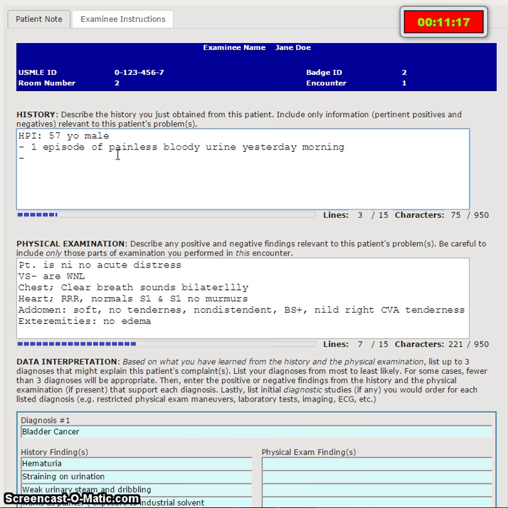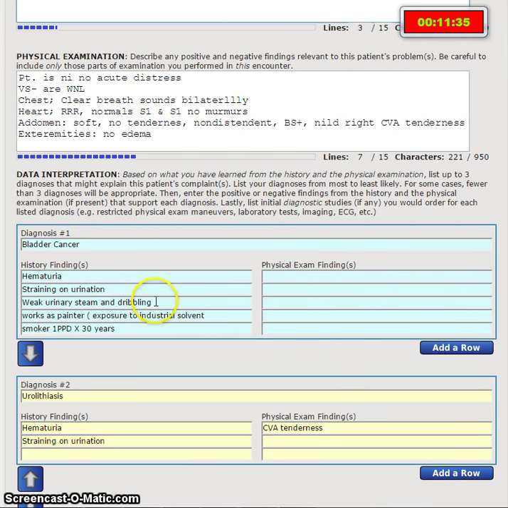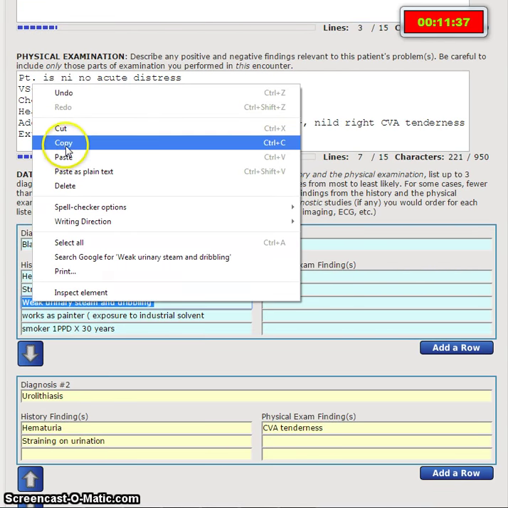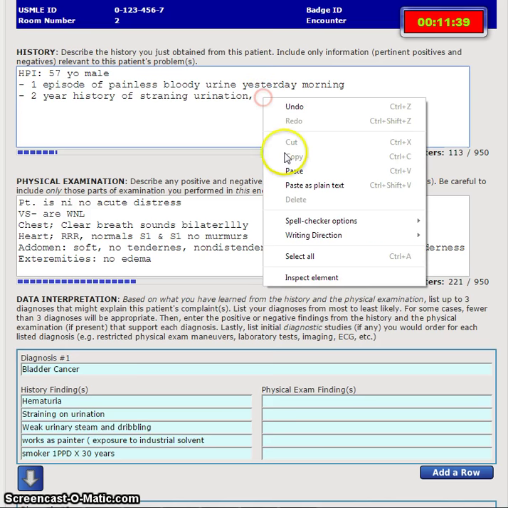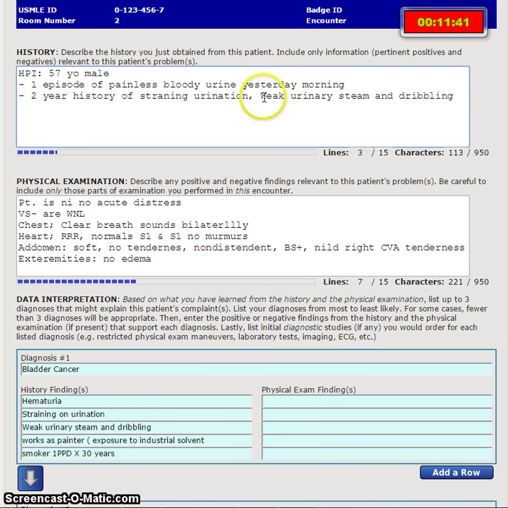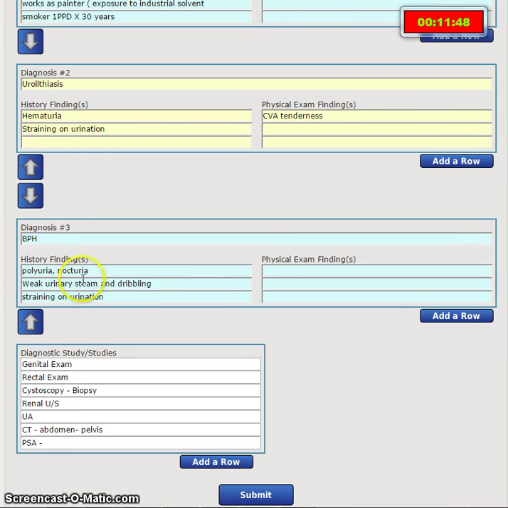It's, what's it, a 2-year history of difficult urination. I would say I'm gonna just start copying. Weak urine, dribbling. What else can be copied and pasted?